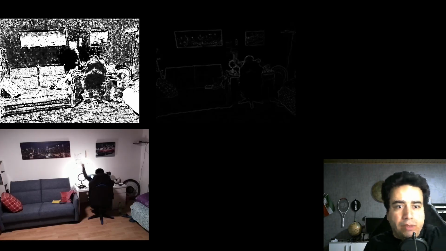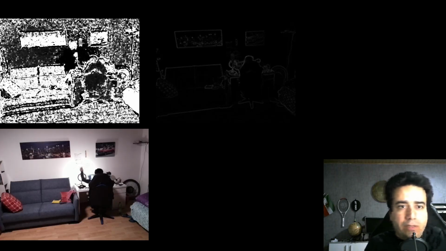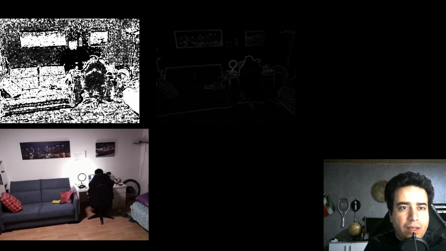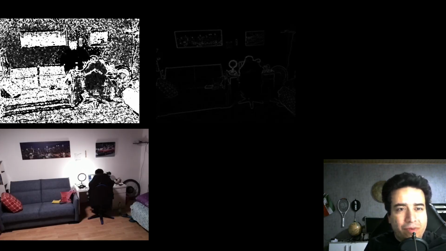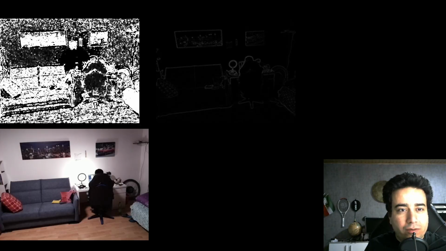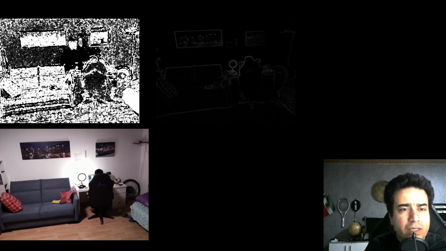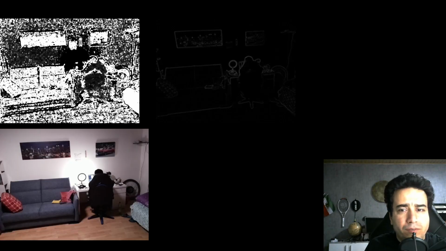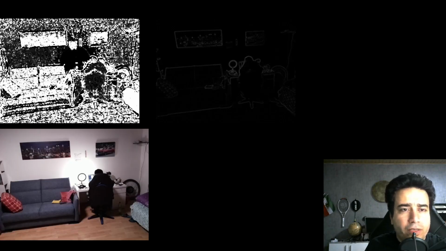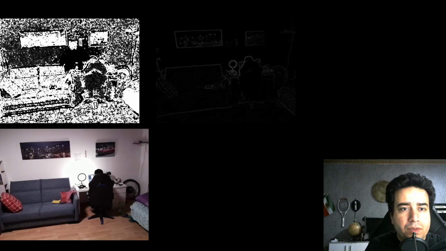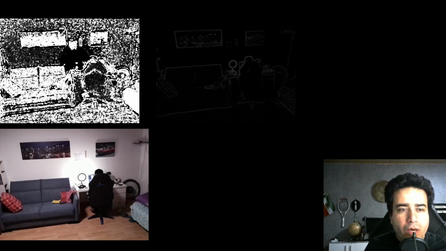These are my hands, and you see that the edge detection is working fine. But the corner detection is very detailed, so there are lots of dots, and I think every corner somehow has an eigenvalue that is very bright.